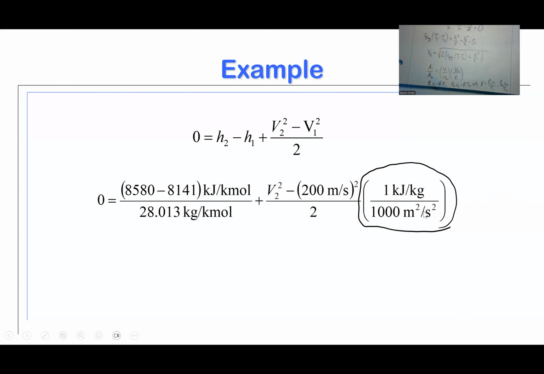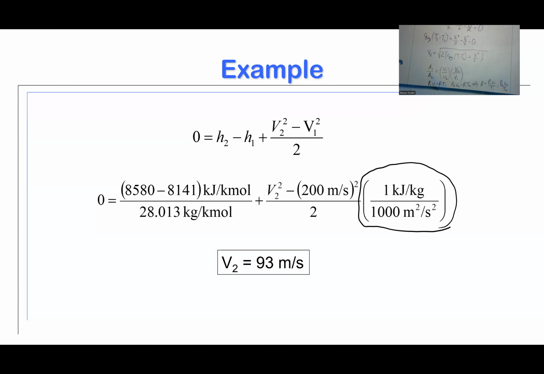A meter squared per second squared is not a kilojoule per kilogram that I've got over here. These are going to be kilojoules per kilogram in the enthalpy terms. A meter squared per second squared is a joule per kilogram. So I'm going to need a factor of 1,000 to get rid of the meter squared per second squared and go to joule per kilogram so it can be combined with these enthalpy values. They're going to be kilojoules per kilogram. Okay, so just be aware of that. And if you calculate it out using table properties, you're going to get about 93 meters per second.